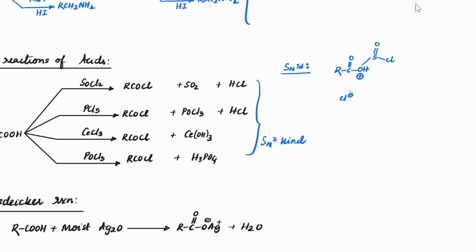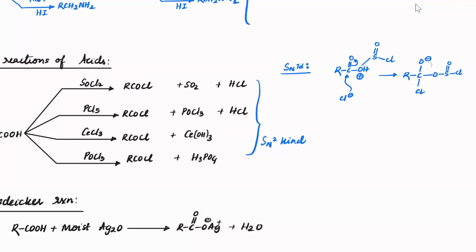Directly removal will not happen. First an addition will take place, so I will get this as O minus, S double bond O Cl, and Cl got connected here.